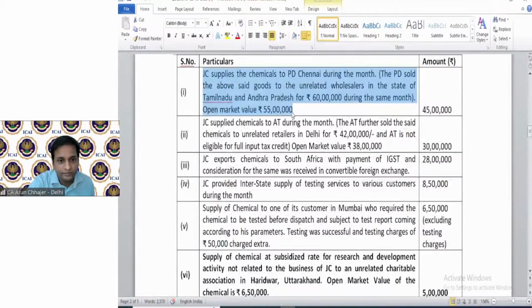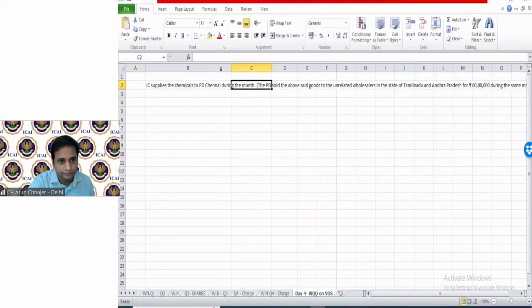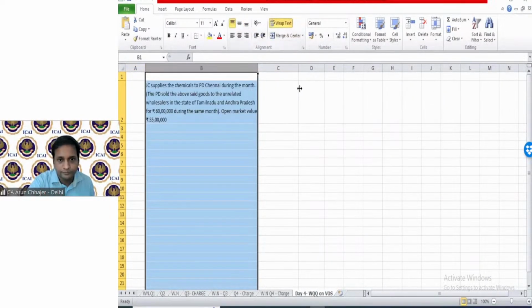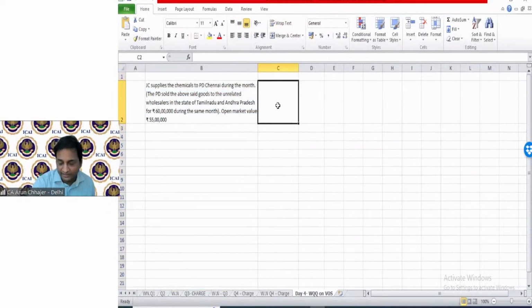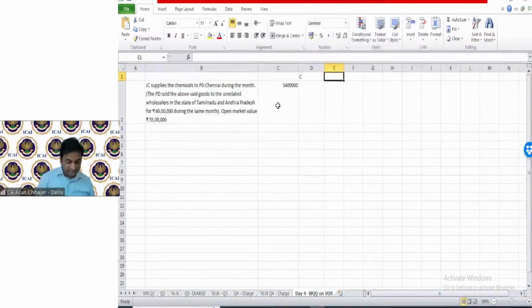So what is the value? I will take 90% of 60 lakh. Then CGST, SGST and IGST.